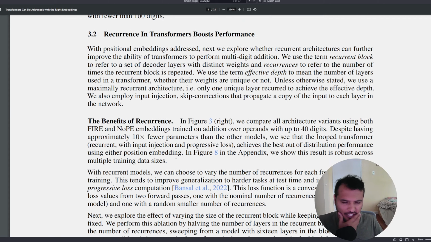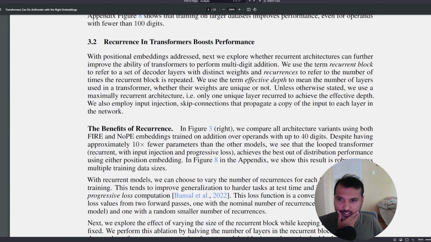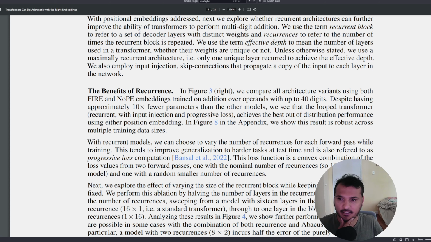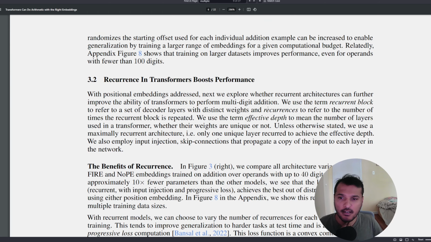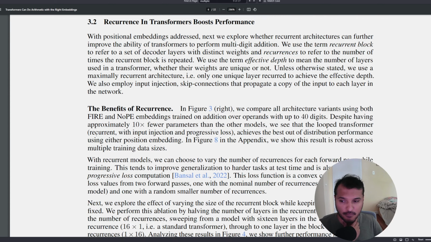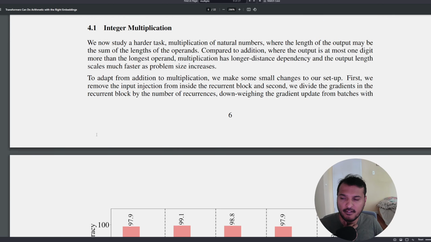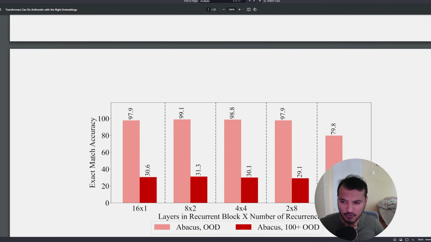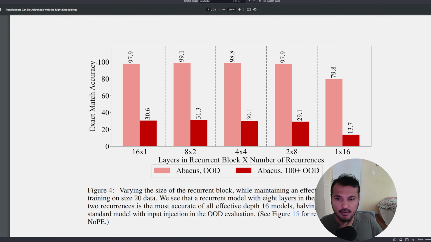Here for multiplication, they try some technique called recurrence. Basically, which I didn't understand completely, but it seems like they use recurrence to describe whether the different layers of decoders have different weights or not. I'm not completely sure, and they show some good results, but it's still not so good.